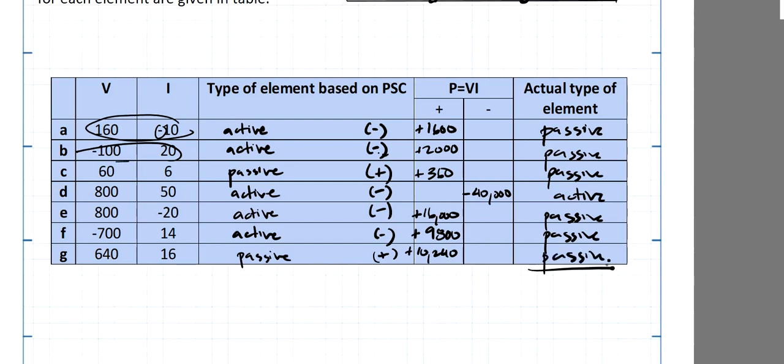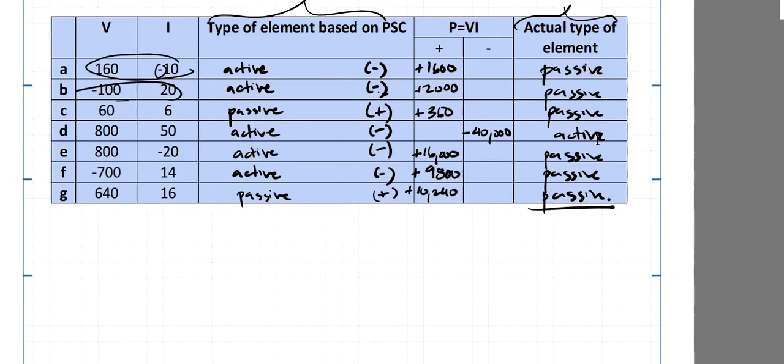So that's just the actual type. You see that the passive sign convention is just an arbitrary assumption that we use initially in our computations, but later on, based on that, we can find the actual type of element.